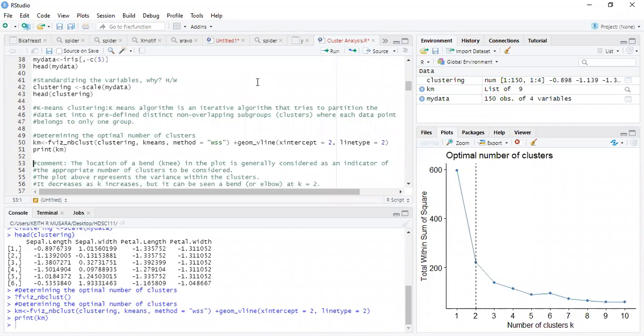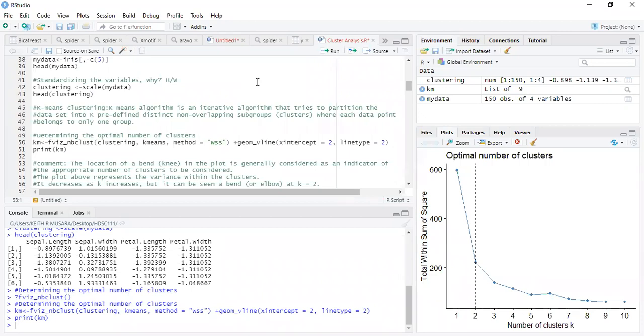This is what we call the elbow method, where you look at your graph and choose a particular point that gives you the number of clusters, where the blue line usually bends, or elbows.